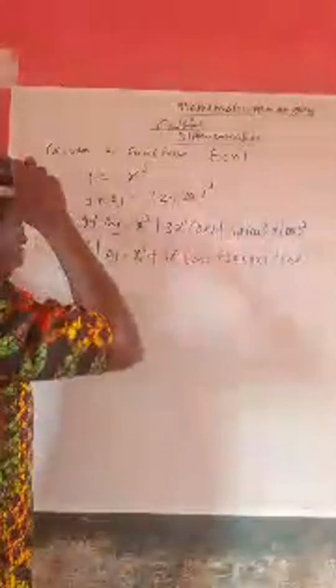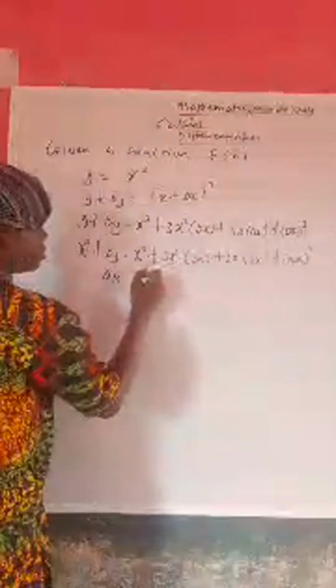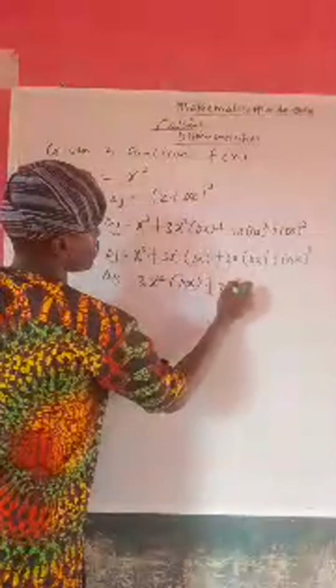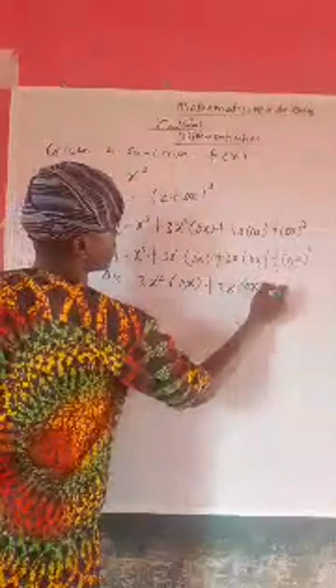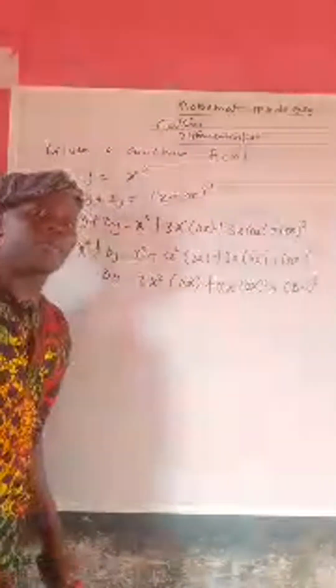Are you with me, guys? So if you subtract x cubed from both sides, what are we going to have? So we're going to have change in y equals 3x squared into bracket change in x plus 3x into bracket change in x to the second power plus change in x to the third power.